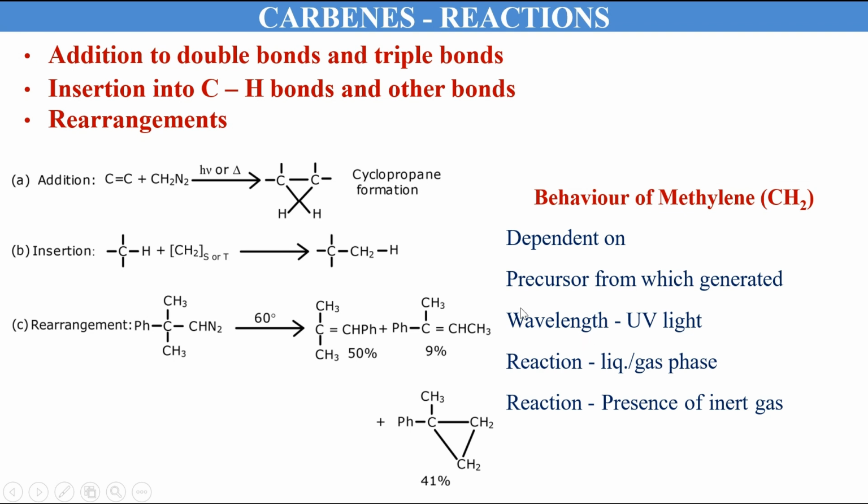The wavelength of the UV light we use also directs which reaction it can undergo. Generally, carbene reactions can occur either in liquid phase or gaseous phase, and preferably in the presence of an inert gas.